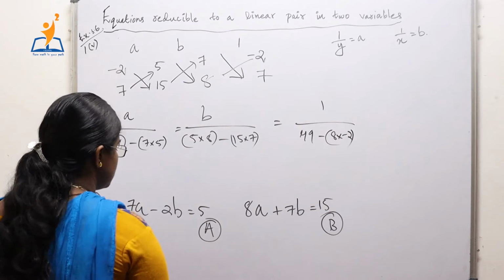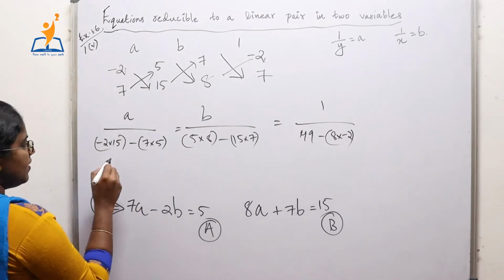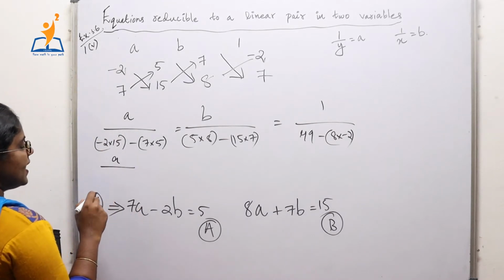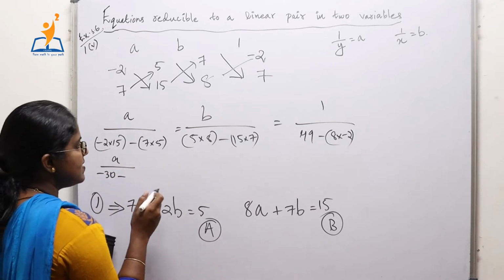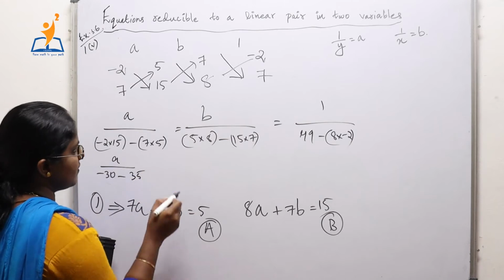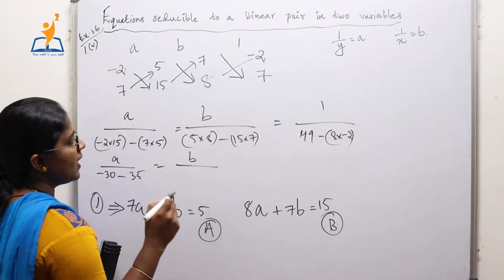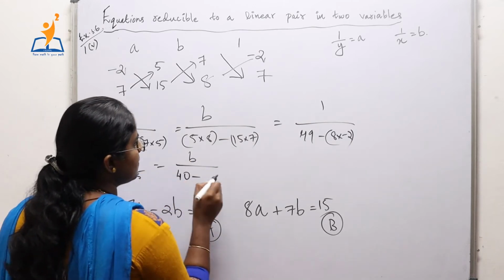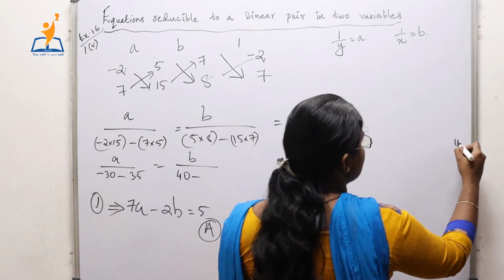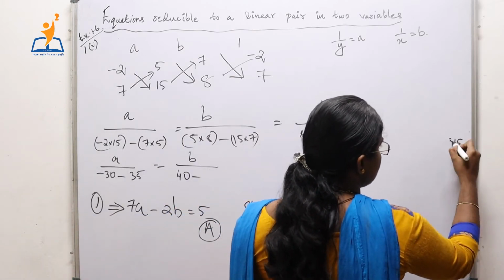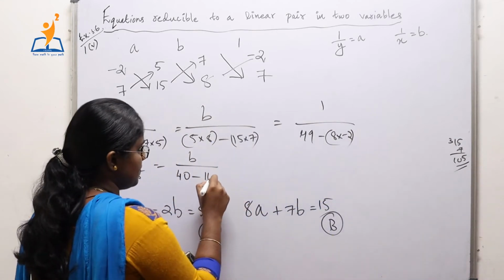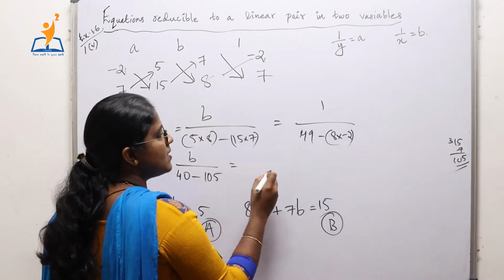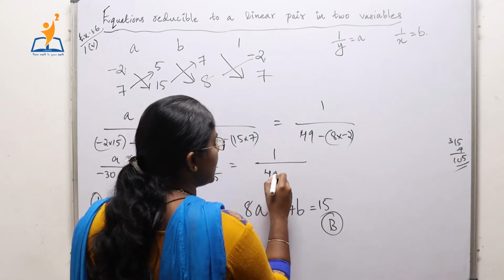That's it. So we have a by minus 2 into 15 is minus 30, minus 7 into 5 is 35, which is equal to b by 8 fives are 40 minus 15 into 7. What is 15 into 7? We have 105. So 40 minus 105, which is equal to 1 by 49.